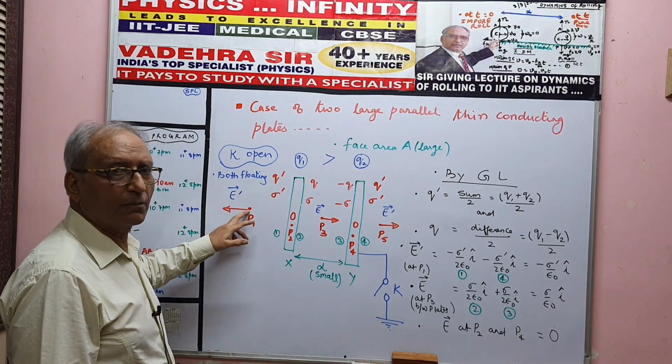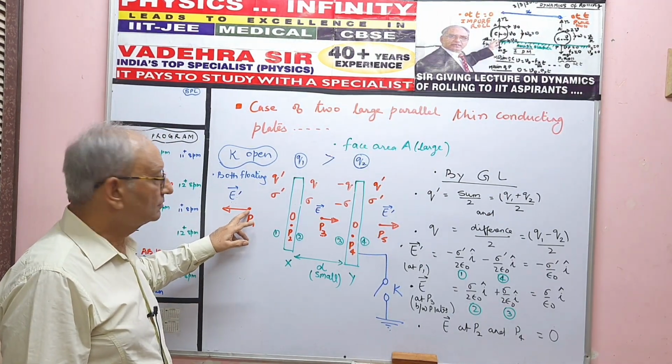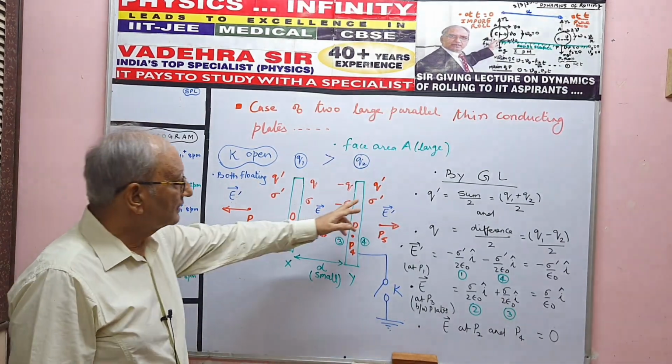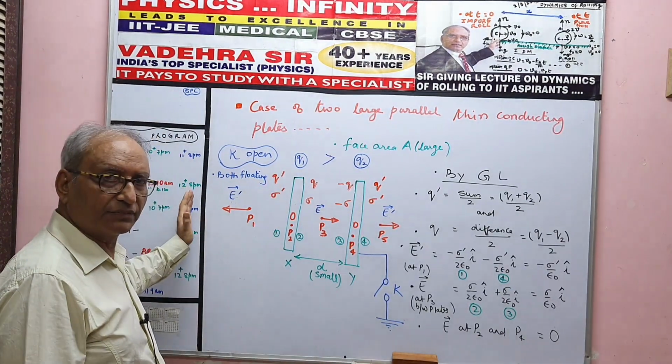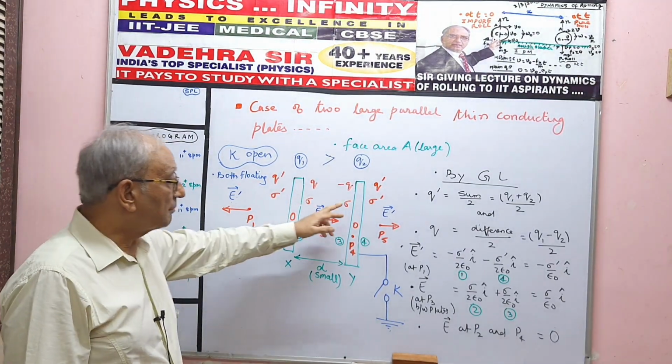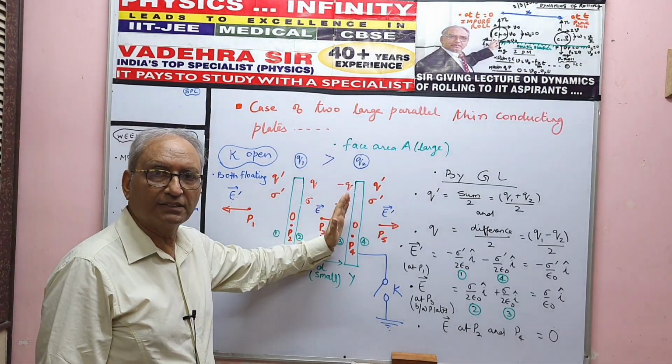At P1, you can see very well, sigma dash will create a field to the left, this sigma dash will create a field to the left, this sigma will create to the left, but this minus sigma will create to the right.